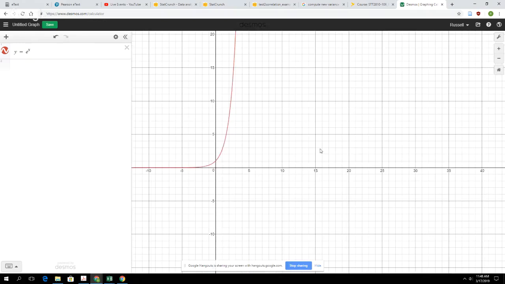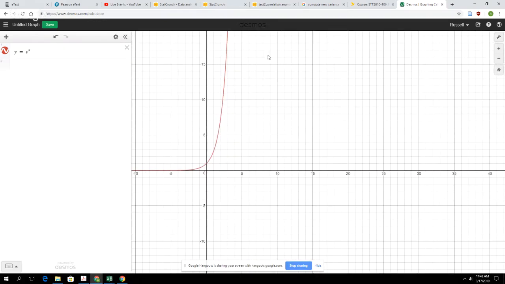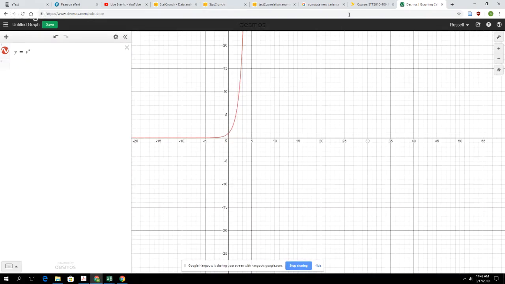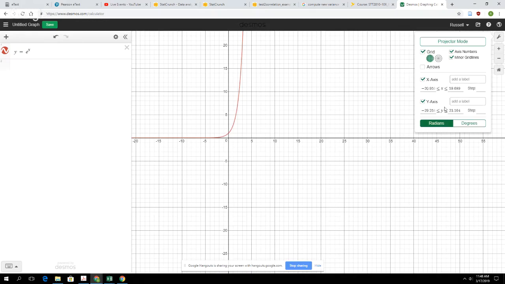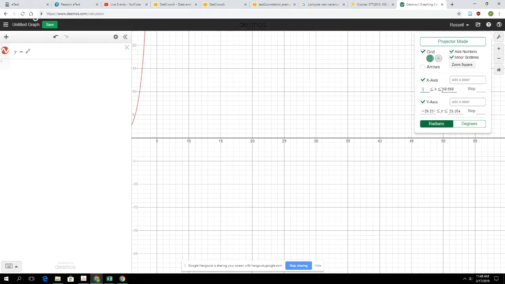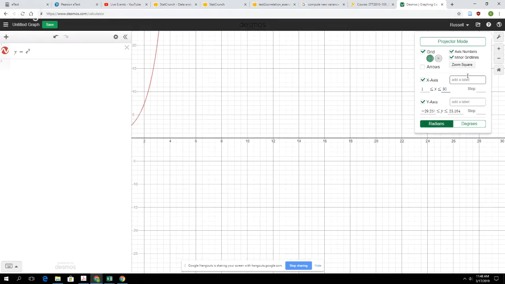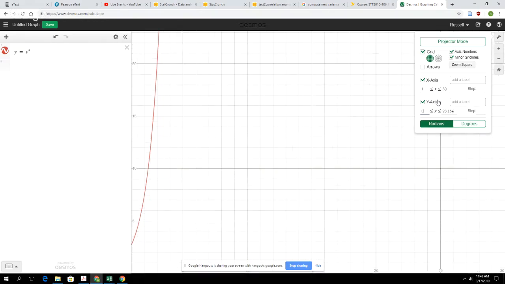Between 1 and 30. And yeah, it's kind of linear between 1 and 30. Let me set my bounds, my x. 1, 30. I should go from 0, 0 to, let's do like 400.